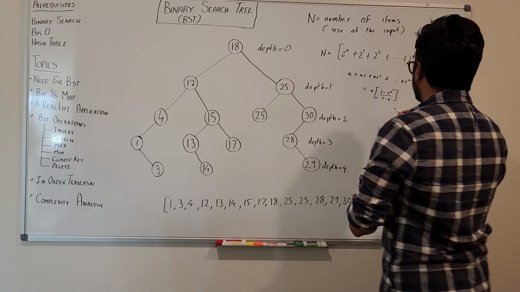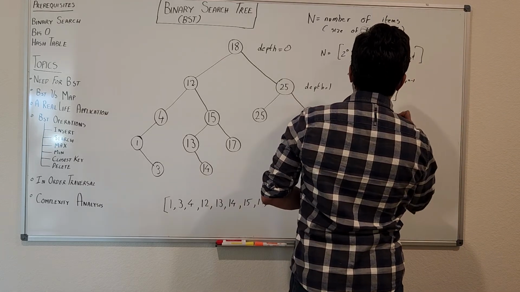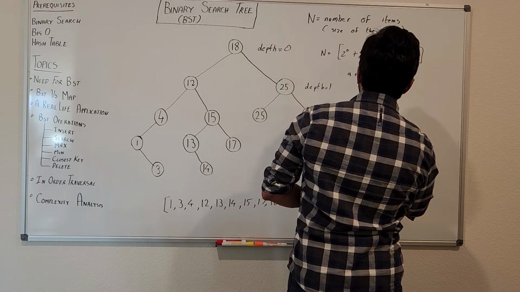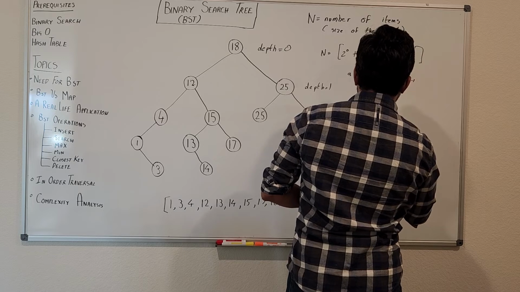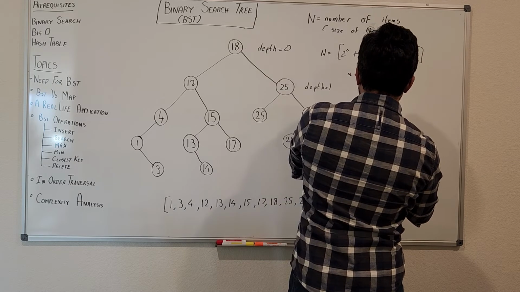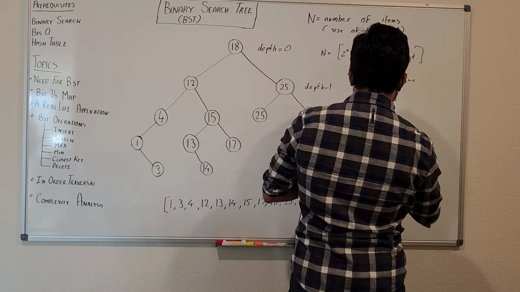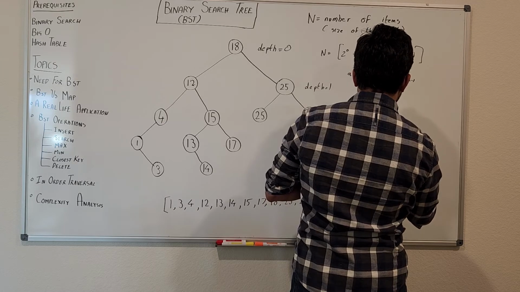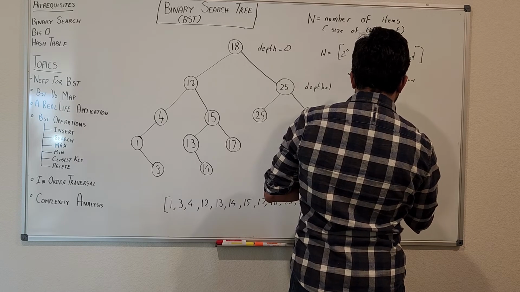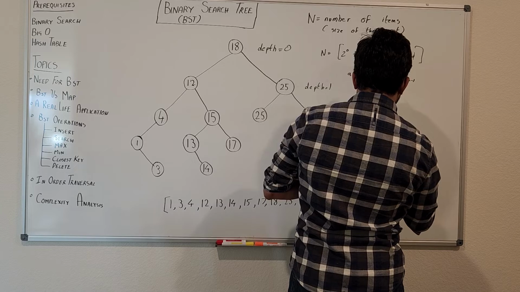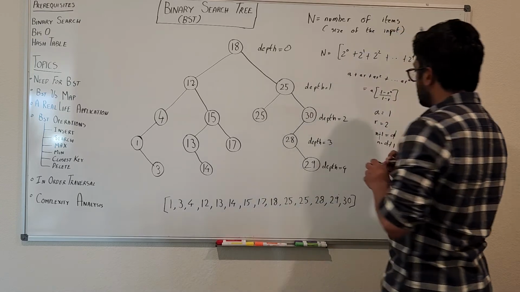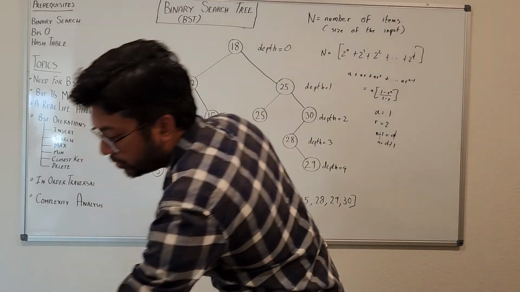So here my a is equal to 1, my r is equal to 2, and my n is equal to, actually n minus 1 is equal to d, which means n is equal to d plus 1. Let me confirm that also.